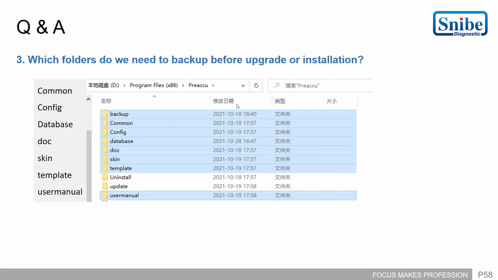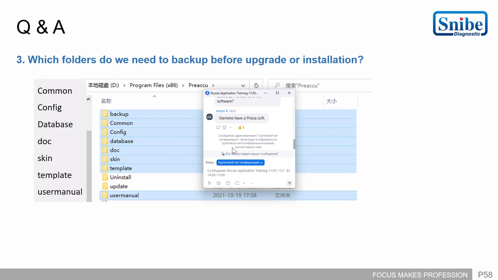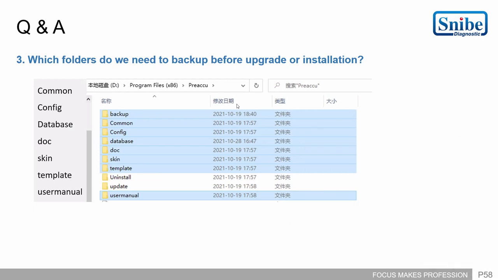Okay, Anton, do other companies have this software? I think, as far as I know, Abbott has one software feature in their software. They call it Roma. So the Siemens, as Anton said, honestly I don't know about the Siemens software.